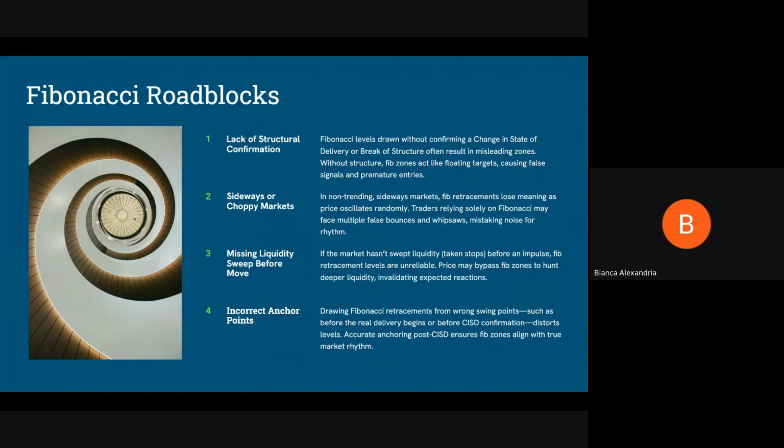There might not have been a structure break. If there isn't, then there's no place for you to draw a high and a low, so a Fibonacci wouldn't work there. It also wouldn't work in sideways or choppy ranging markets. If there is no trend to show us a higher high and higher low, or a lower low and a lower high, then there's no place to really mark where a fib can start and where it can end.